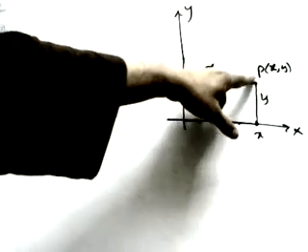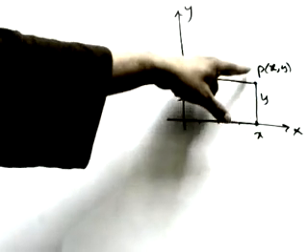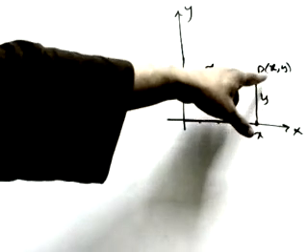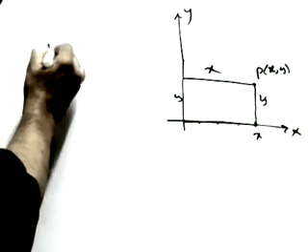Now watch carefully. Can you say the distance of the point from the x-axis is y? The distance of the point P from the x-axis is y, and the distance of the point from the y-axis is x.